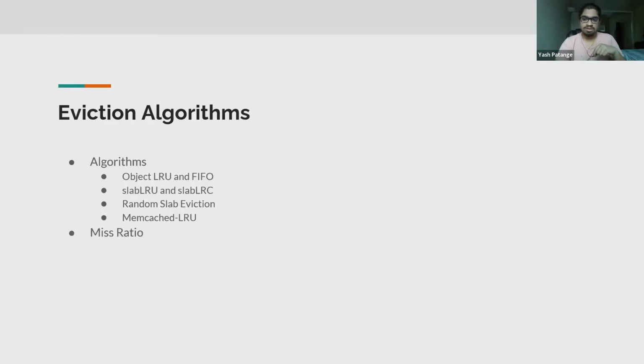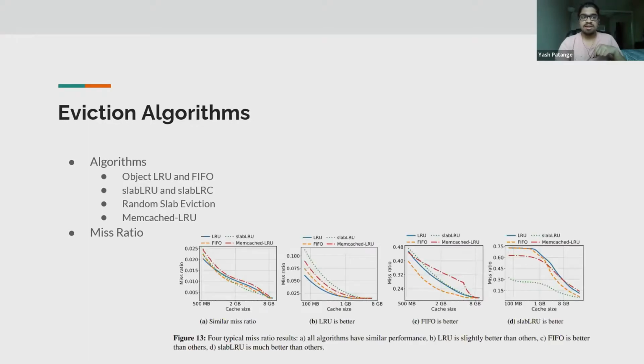So let's talk about the miss ratio. They did simulations based on all of these four algorithms, and then they got results. These results could be classified into four categories. In the first figure, you see the first type of result. It shows that all of these four have comparable results.